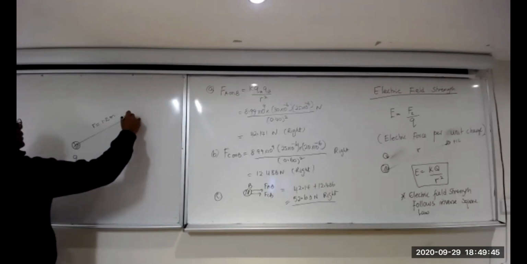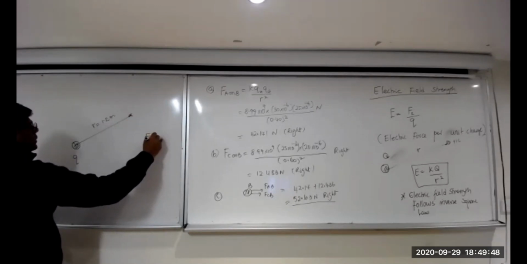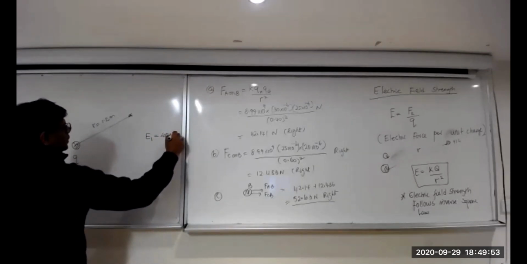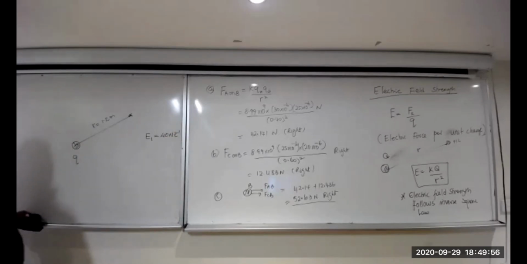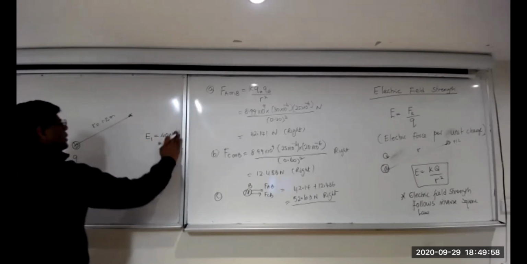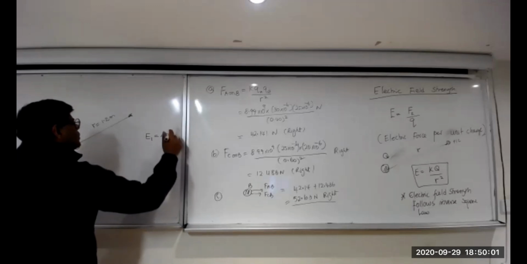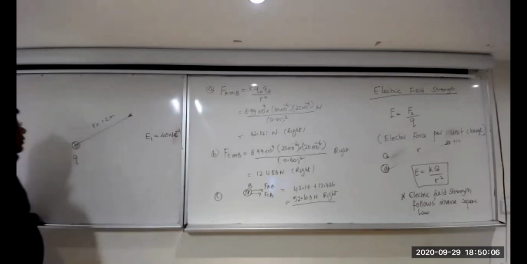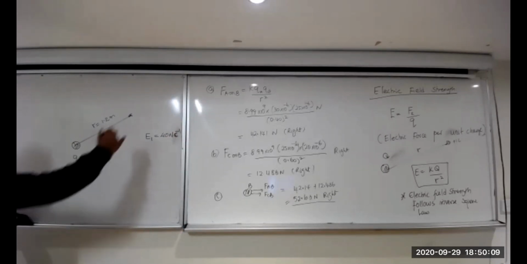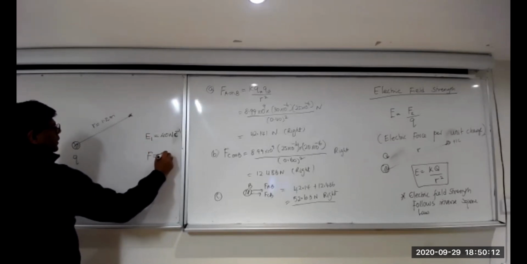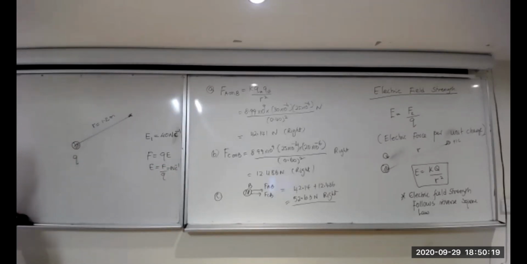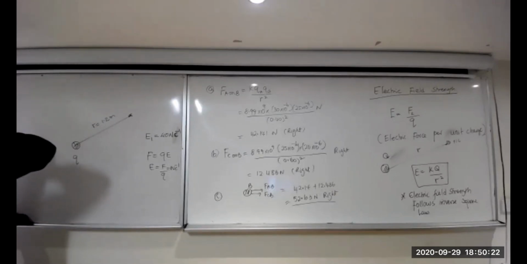So the electric field strength at point X is, say, 14 newtons per coulomb, sorry, newtons per coulomb, not newtons per meter. So the electric field strength, you're getting F equals Q times E, newtons per coulomb, at 1.2 meters.